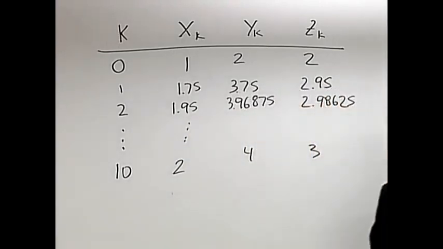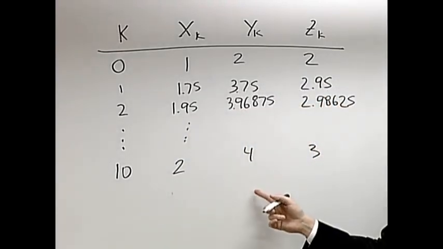I just iterate away. And in fact, if you remember before, it took me 19 iterations to get down to numerical precision. Here it takes me 10. So it's almost twice as fast.